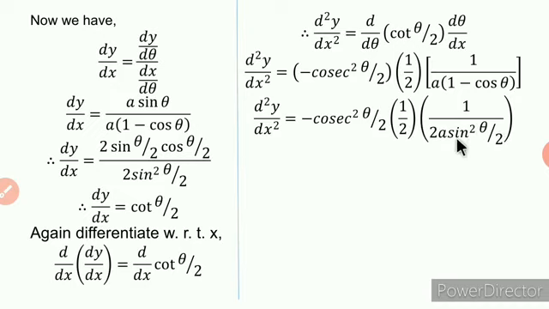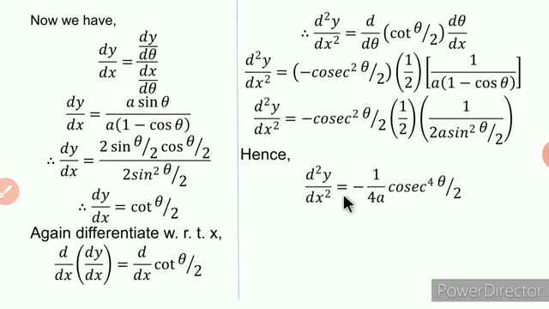So cosec square into cosec square is cosec raised to 4. And this half into half is 1 by 4. Hence we get d square y by dx square is equal to minus 1 upon 4a into cosec raised to 4 theta by 2. This is our required second order derivative of y with respect to x.